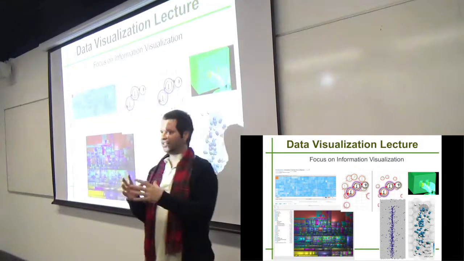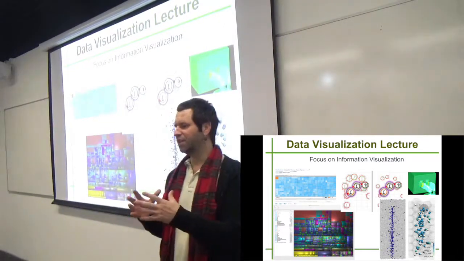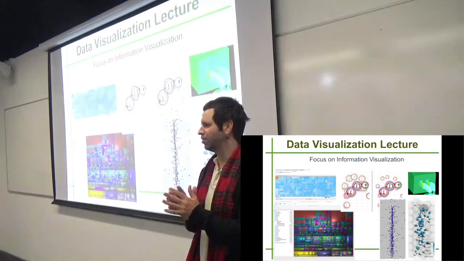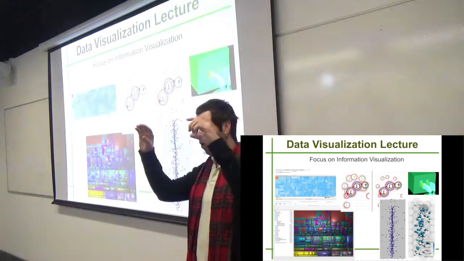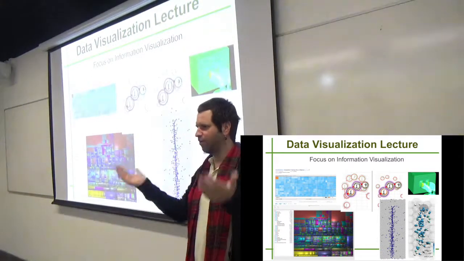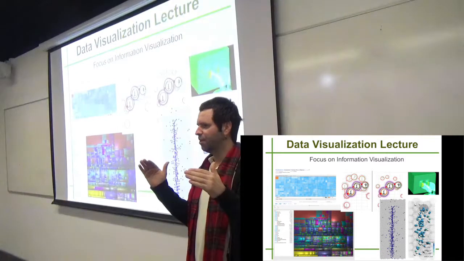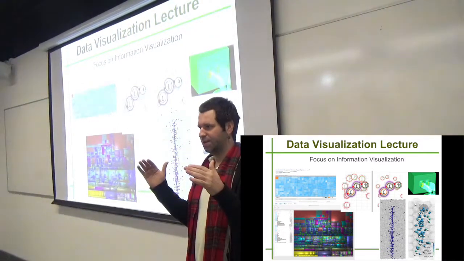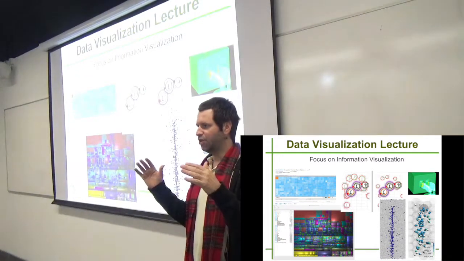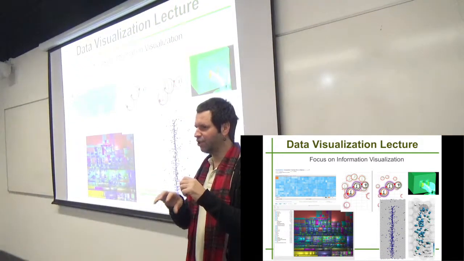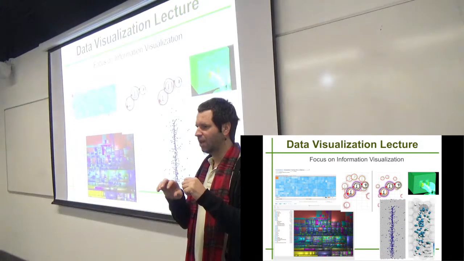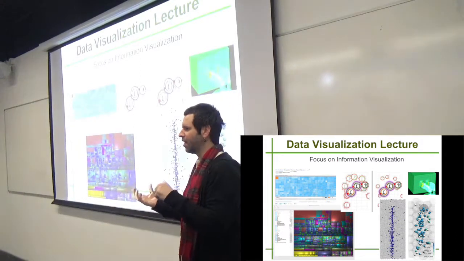Your visualization system follows a design principle called the visualization mantra, which means overview first. You provide an overview of the data first. Then you provide filtering and selection options, and then you provide details on demand.